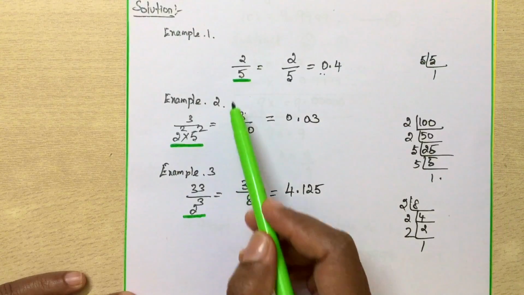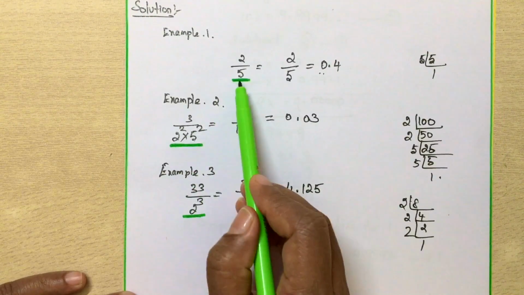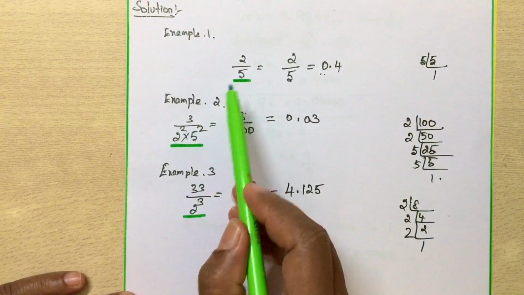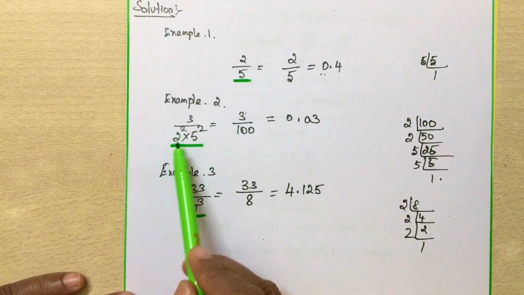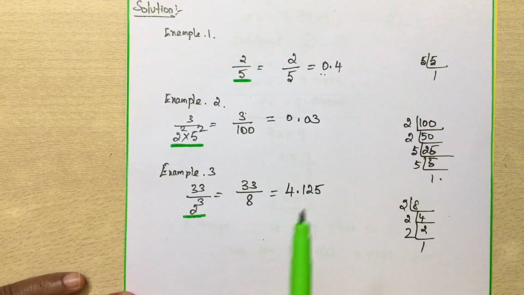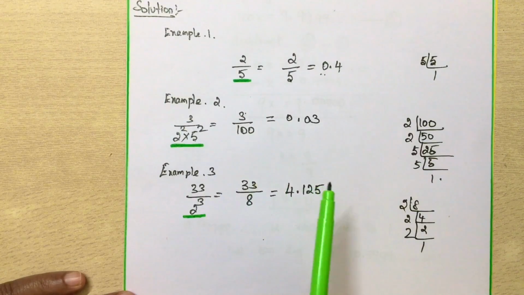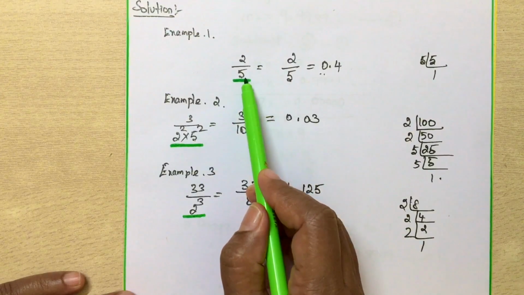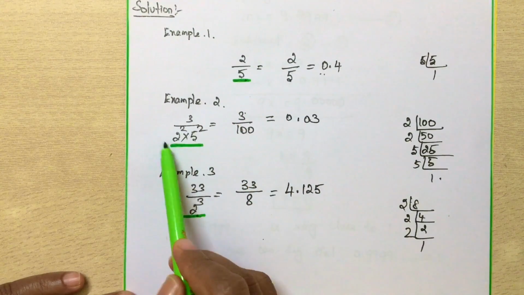2 cube. In all the 3 examples, observe the denominator, which is Q, where we have done the prime factorization. Here it's only 5, 2 square into 5 square, and here 2 cube. So what does this indicate? It indicates that Q has only powers of 5, powers of 2, or both.